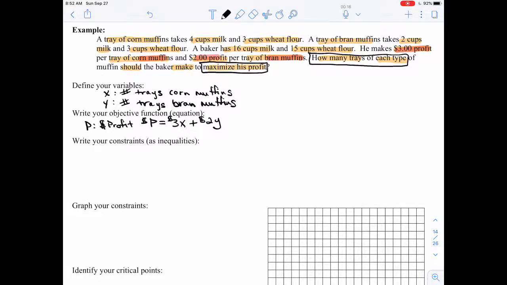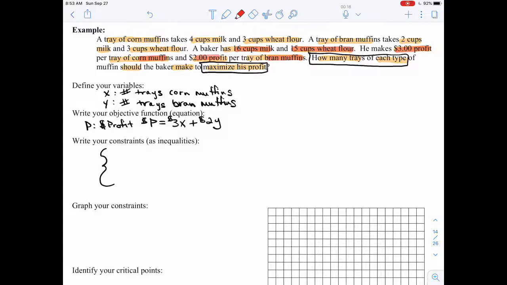Now we need to write our constraints as inequalities. In our system, we're going to work backwards much like we did for linear inequalities. We go up through our word problem. What are our constraints? What are the values of resources he has? He has 16 cups of milk and 15 cups of wheat flour.